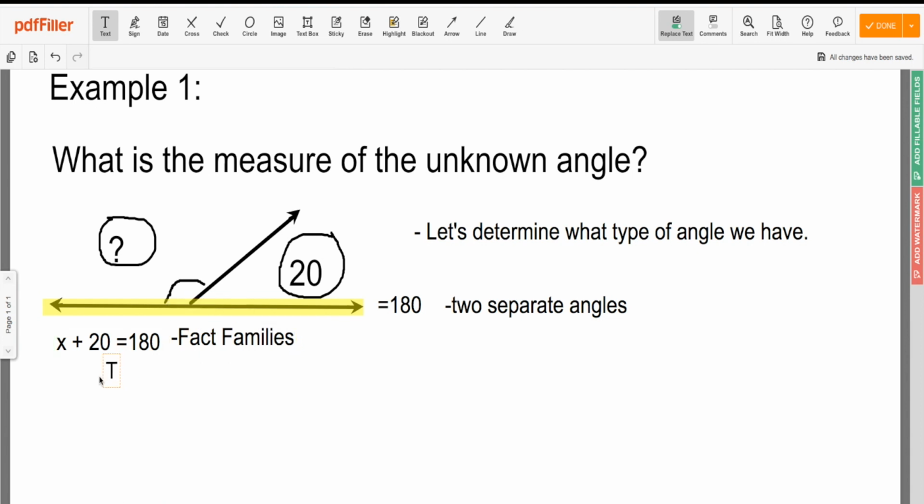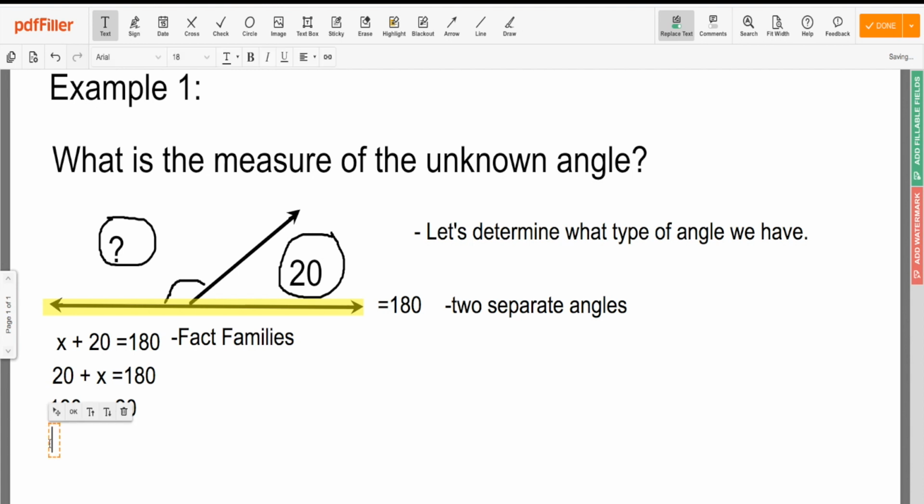We're going to use our knowledge of fact families. We know x plus 20 equals 180, so the other equation associated with this is 20 plus x equals 180. Our subtraction equation would be 180 minus x equals 20.